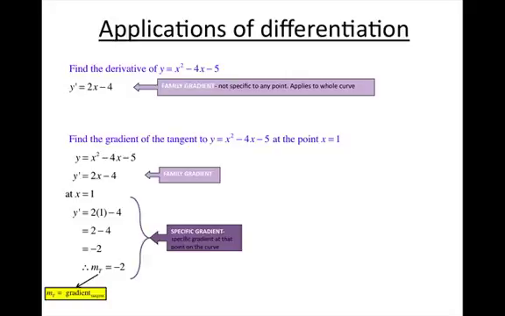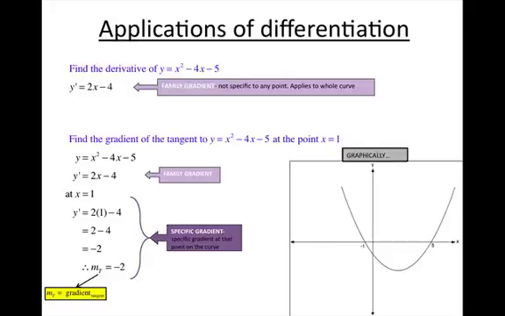That's how we do it algebraically. Just to give you an idea graphically of what we're talking about, what I've done there is I've just sketched that curve, y equals x squared minus 4x minus 5, just a parabola. What they're basically asking is at the point x equals 1, at that point over there, what is the gradient of the tangent to the curve?